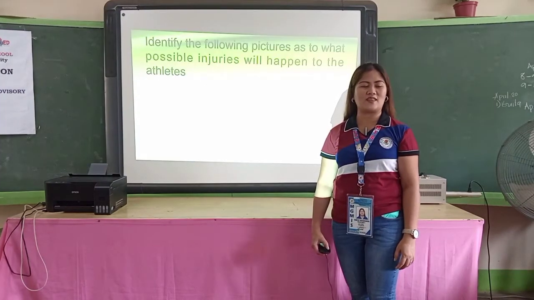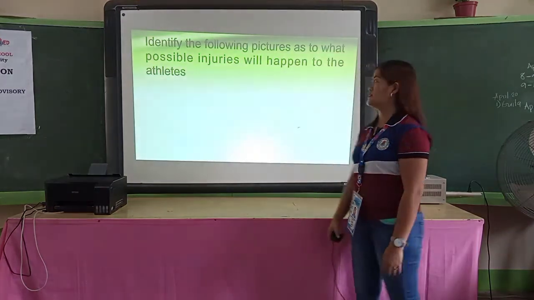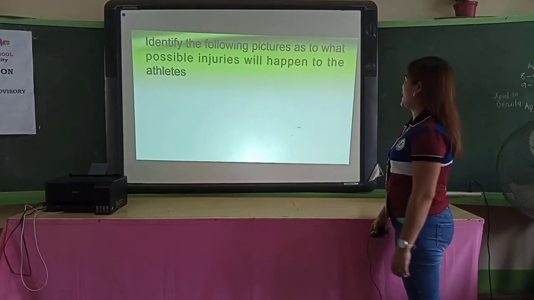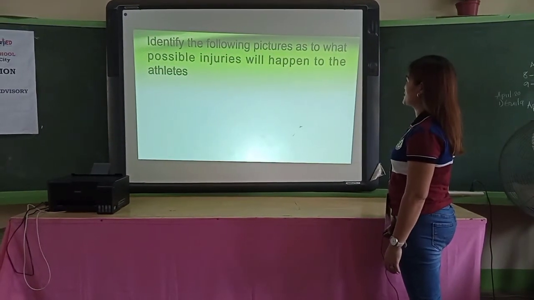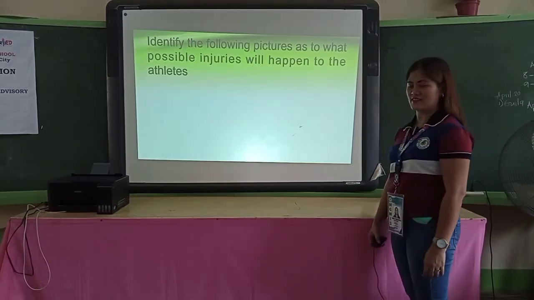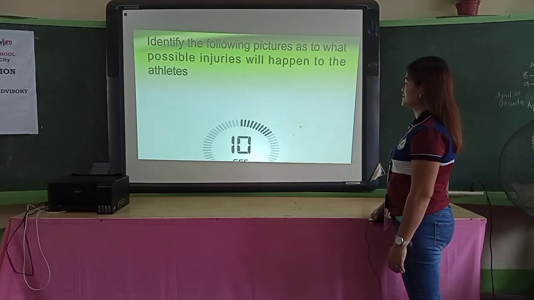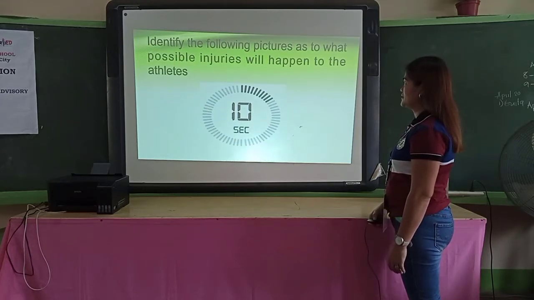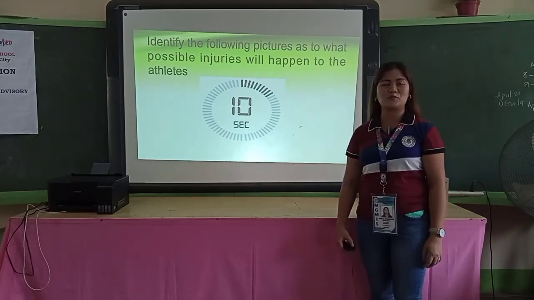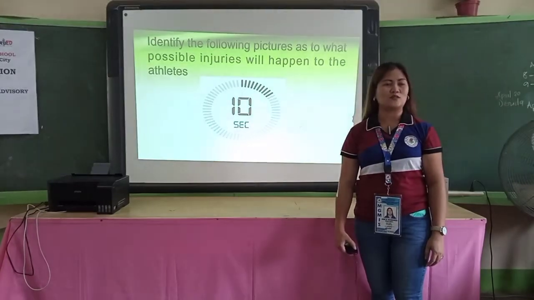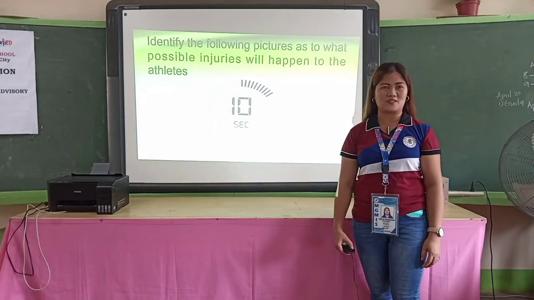Now, for our activity, identify the following pictures as to what possible injuries will happen to the athletes. Ten seconds will be given to you to guess the pictures.